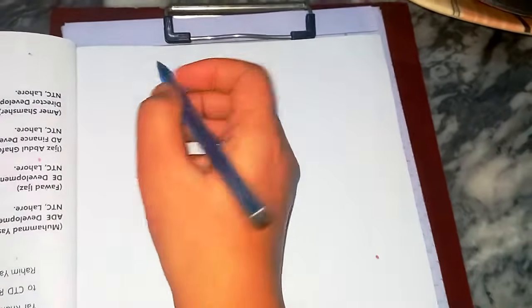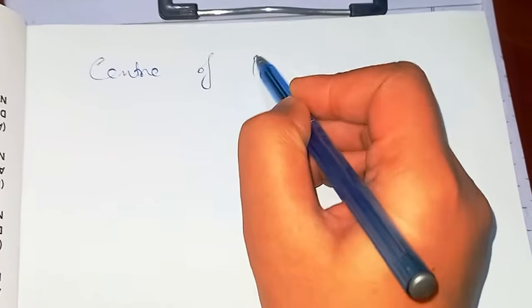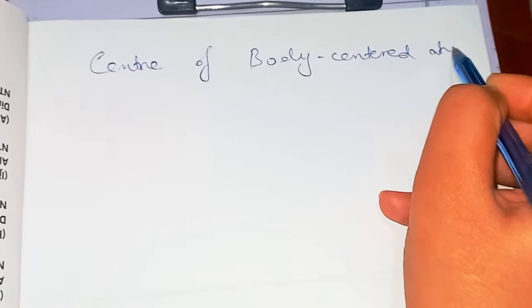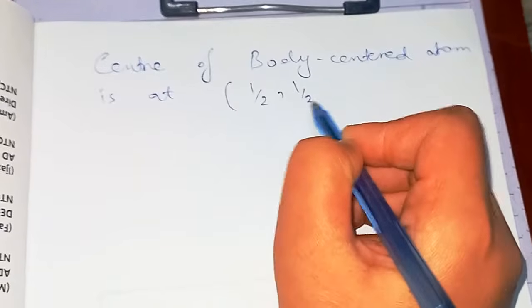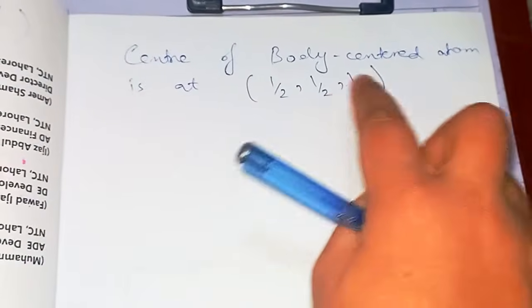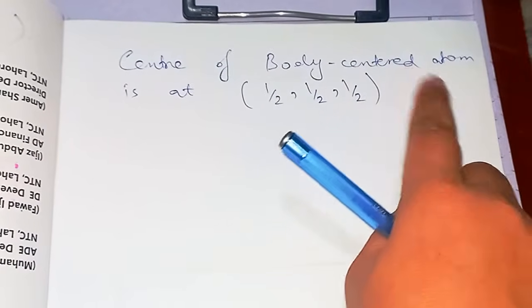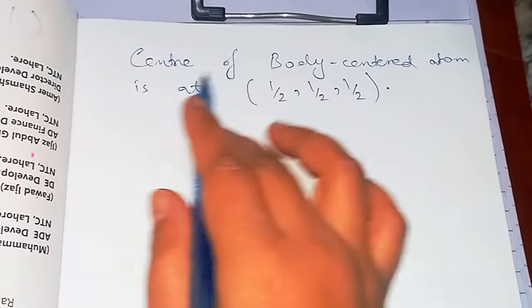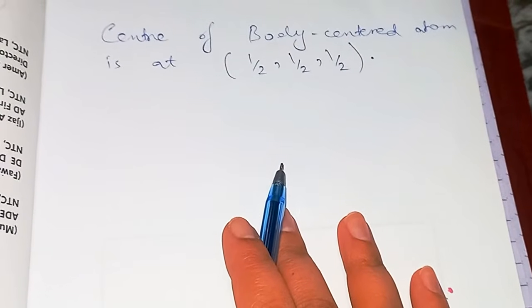That method is really easy, and let me show you that method, please. So we know where the body center atom is lying. The center of the body center atom is exactly at the center of this cube, hence half for each of these coordinates. As I told you, if the center of the atom is lying on the plane, then that atom is actually contributing to the plane.